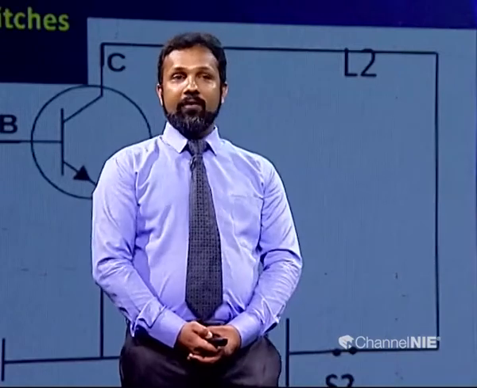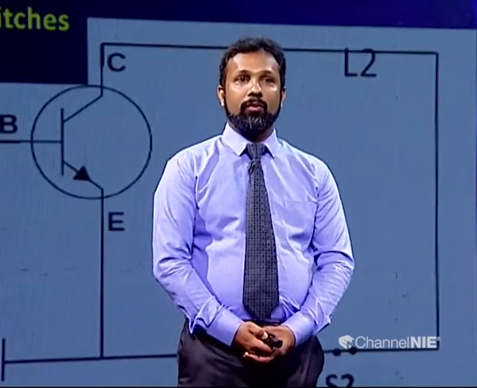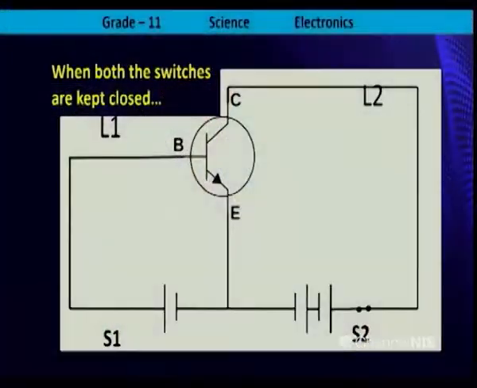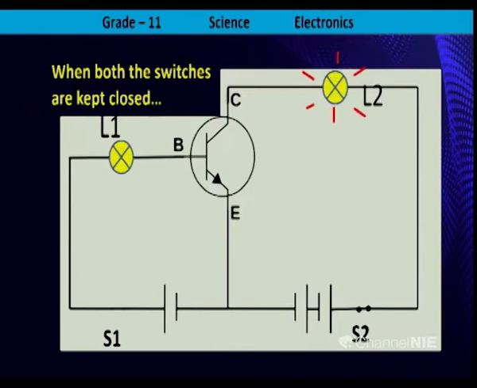Now, then we are going to keep both the switches closed. When both the switches are kept closed, what will happen? You can understand both the bulbs are lighting up, L1 and L2, but there is a difference in the brightness.